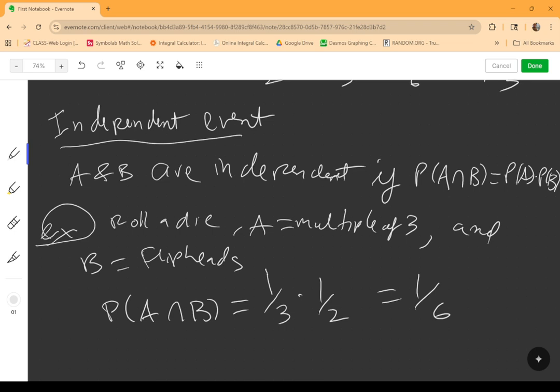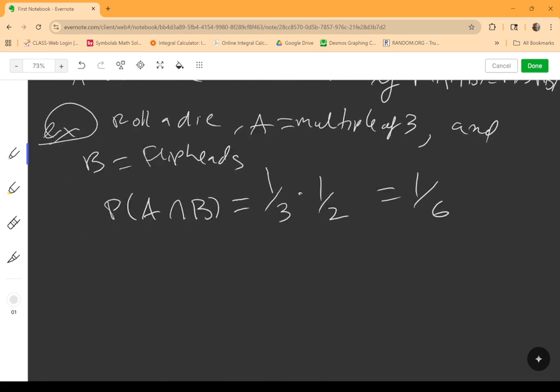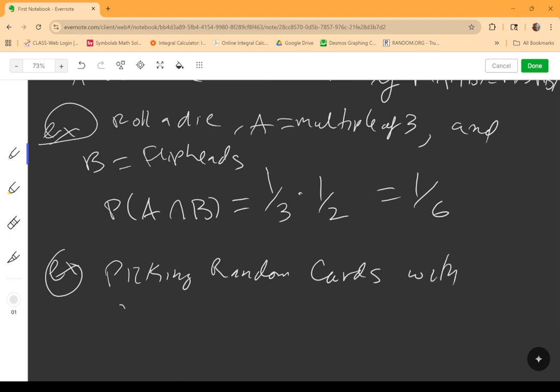Now, in contrast, what is not independent, so let's say you're picking random cards without replacement.